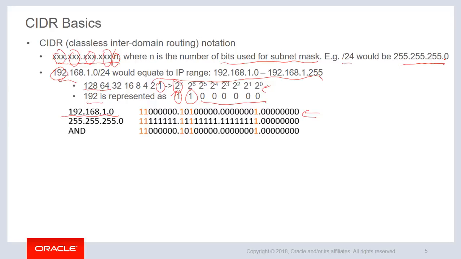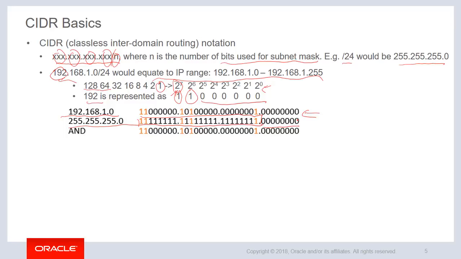Now how did we come up with that? /24 means that we have 24 bits which have a value of 1, and if you count the number of ones, that is how we come up with /24. So if you look at this subnet mask here, and you see all the ones, we have ones going all the way through these 3 octets here, and then the remaining values are all 0, right? So that's how we come up with /24. 24 is nothing but the number of bits which are turned on and have a value of 1.